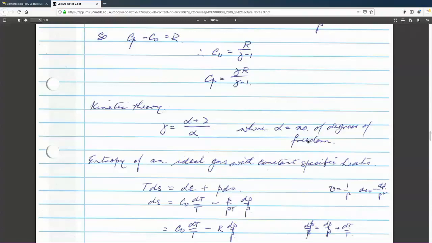Now, what about a diatomic gas? How many degrees of freedom does it have? Anybody know? A diatomic gas. Who said 5? You're right. Why did you say 5?